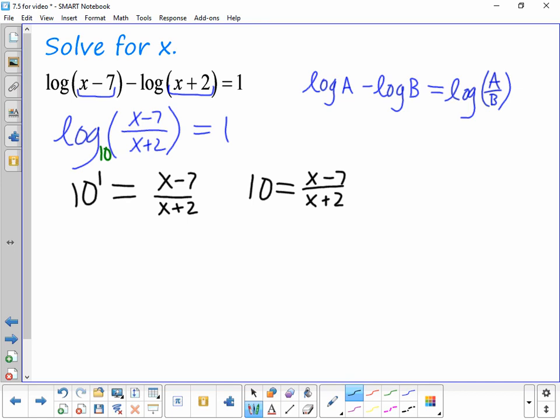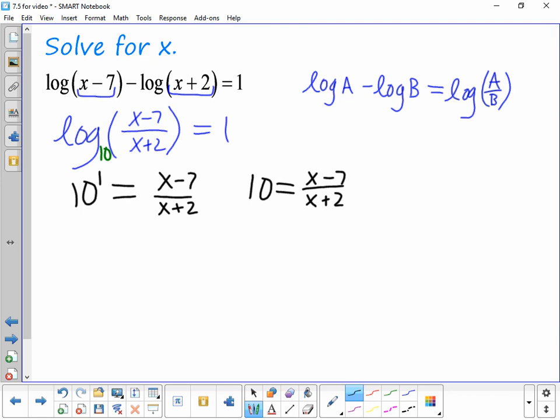And our ultimate goal here is to solve the equation for x and to find out what x is equal to. Right now we have an equation that is at least partly a fraction, so it's technically a rational equation.